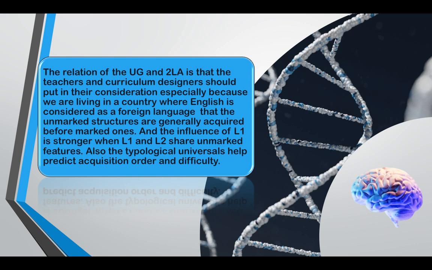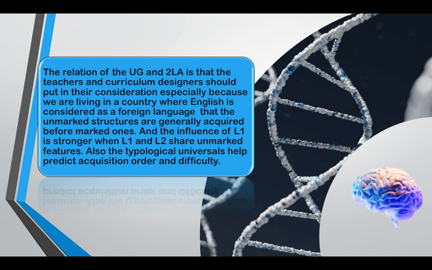So the relation of the universal grammar, or UG, to second language acquisition is that the teachers and curriculum designers should take it into consideration, especially because we are living in a country where English is taught as a foreign language, so that there are unmarked structures and there are marked structures. There are structures which are easier to acquire and ones which are harder for the foreign language speakers.